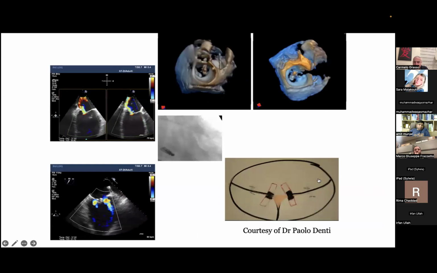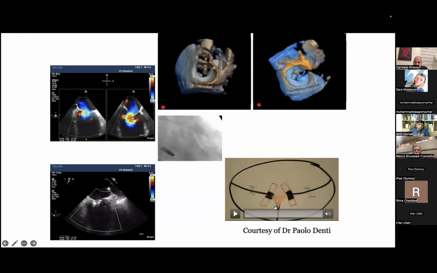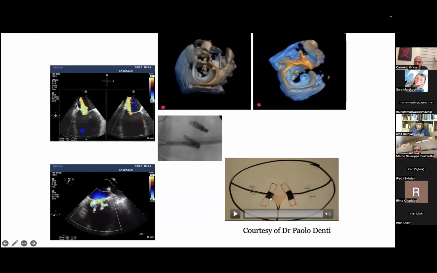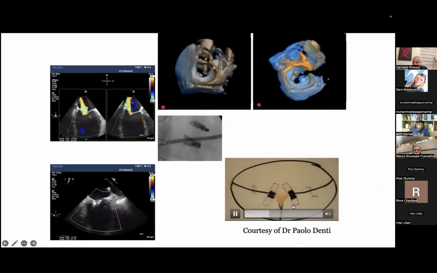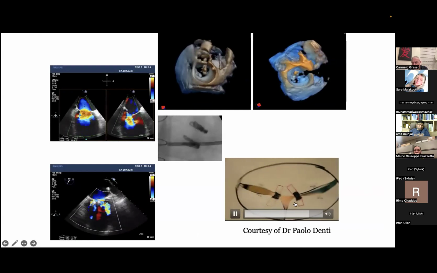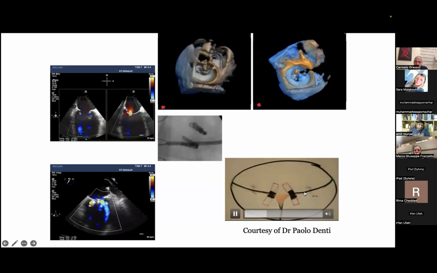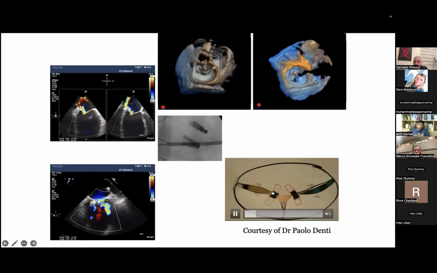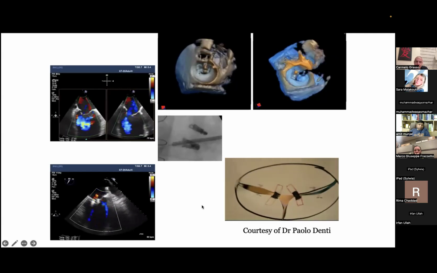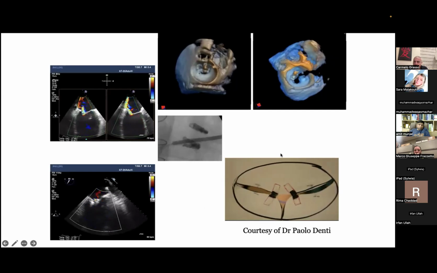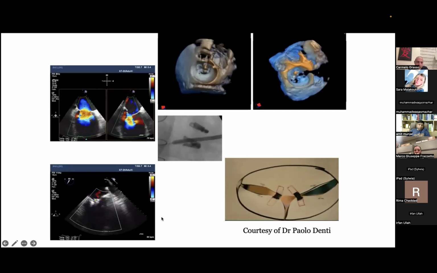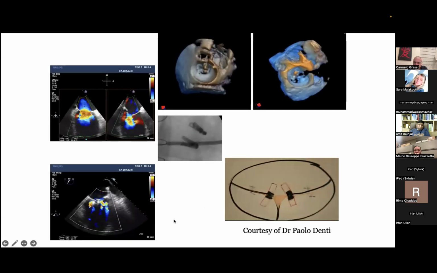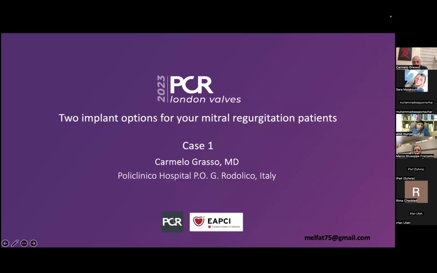The technique is to put 2 clips just near the cleft, one on the lateral side and one on the medial side of the valve, orienting the clips a little bit one towards the other. This is a case made by Paolo Denti, and I show it courtesy of him.